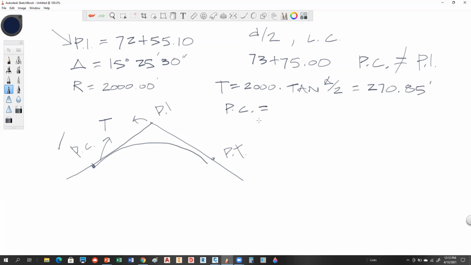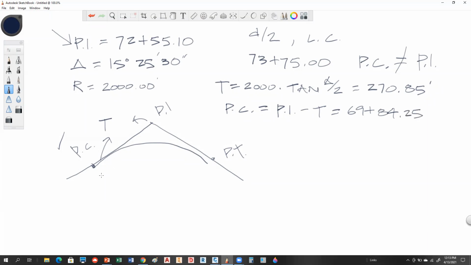If we calculated the tangent, that distance, we could subtract it from the PI, and that would give you the PC station location. Absolutely. So we would take the PI station, which is 2755.10 minus T, and you get a PC station 69 plus 84.25. So I think like I said, only one person or maybe two people did that.